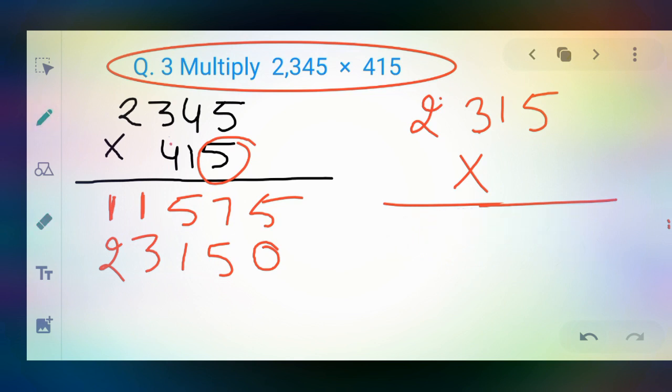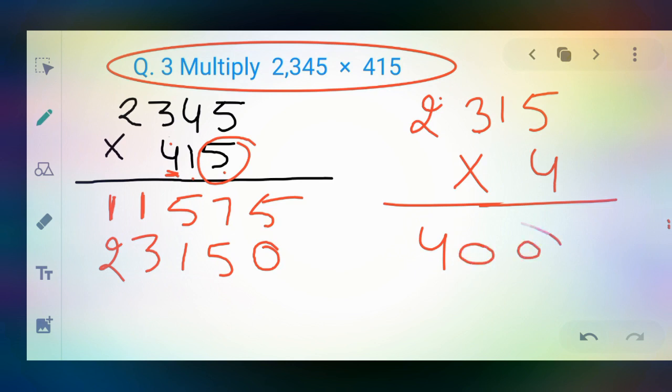So last digit is 4. So I will put 4 here. Now if you multiply by this digit, which place does this digit come on? 100 place. Ones, tens, 100. If you multiply by 100 place, you know very well this is 400. How many? 400. Okay, because the place value of 4 is 400.